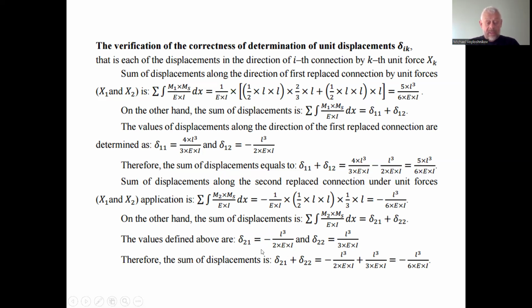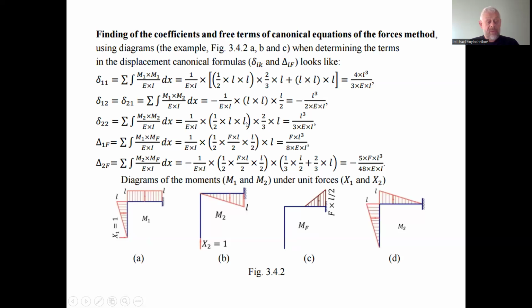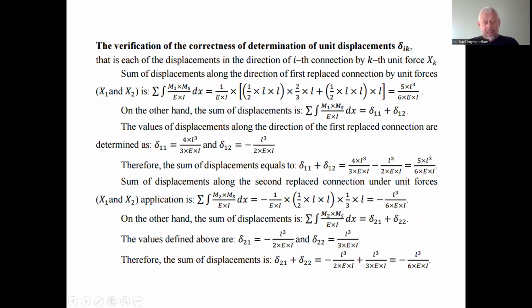And the same we can find, as we got from the previous one, delta 1 2 and delta 2 2, the displacements under unit forces in the first and second directions. And delta 2 1 equals delta 1 2 exactly because we assume the reciprocity of the displacements; when we change the indexes, they are the same.